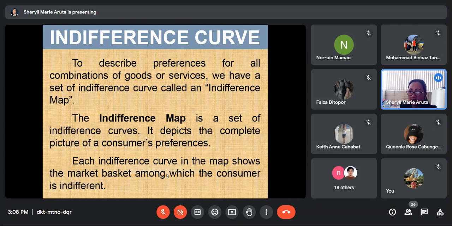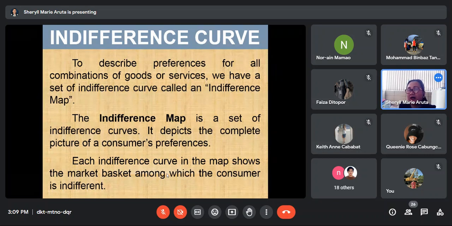So there is what we call an indifference map. To describe the preferences for all the combinations of goods or services, we have a set of indifference curves called the indifference map. So meaning, it is a combination of the available indifference curves.